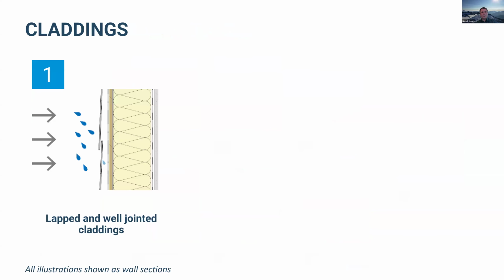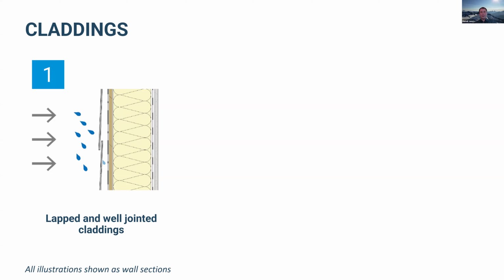All right. And so a lot of these claddings, some of them will have much better water resistance than others, right? So things like lapped or well-jointed claddings let very, very little, almost no water actually get through the cladding. It sheds water really well. Nearly 100% of the water just goes down the face of the cladding. You might get a little bit behind there at interface details, but not much.